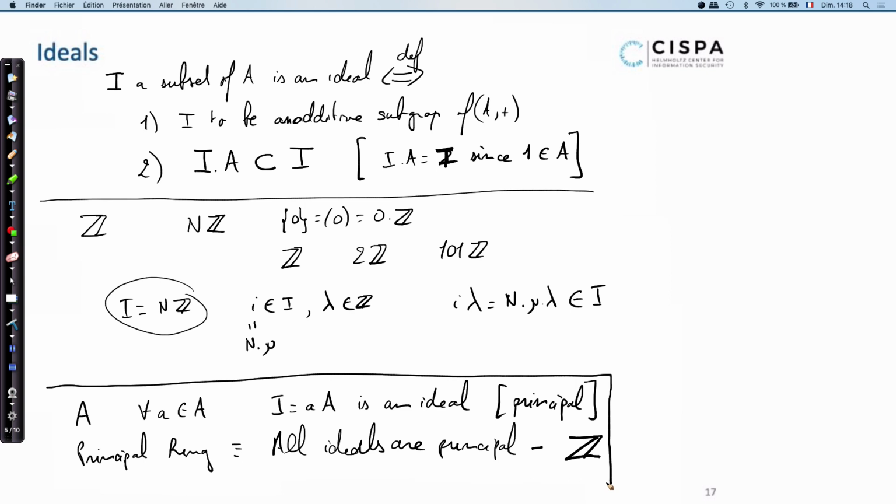So another example of ideal. I'm going to show you another construction of ideals.